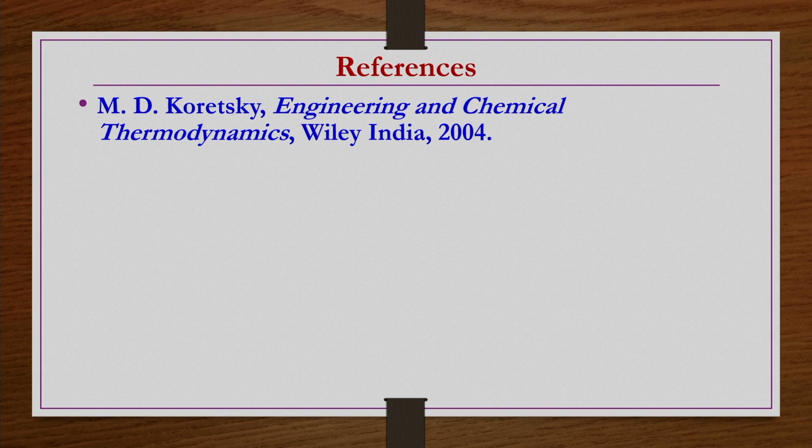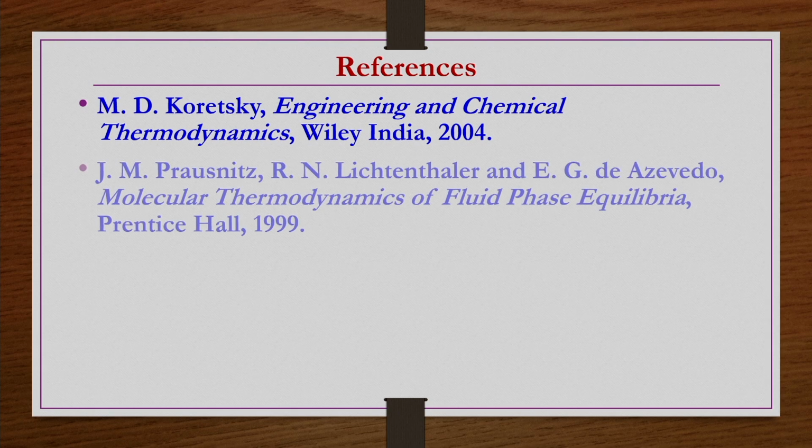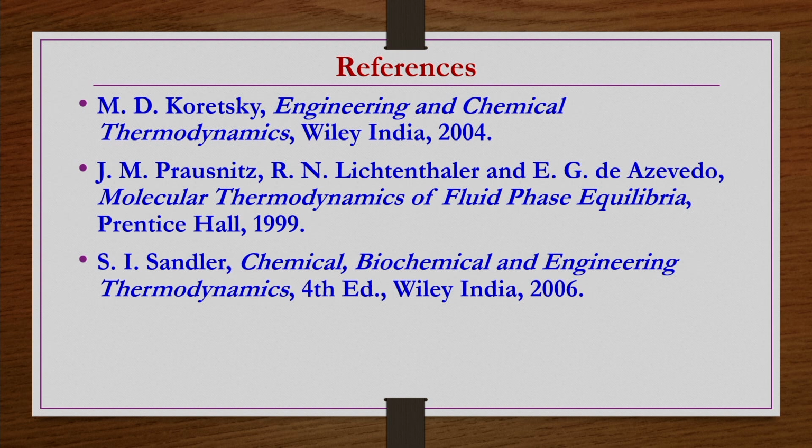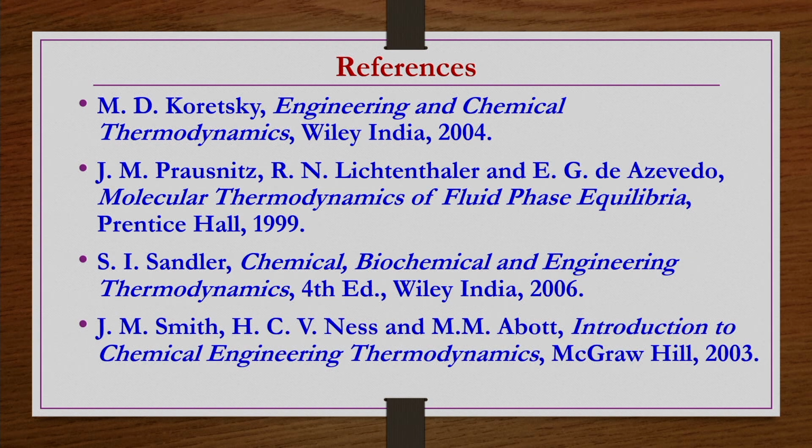Okay. So, the references for this particular lecture are given here: Engineering and Chemical Thermodynamics by Koretsky, Molecular Thermodynamics of Fluid Phase Equilibria by Prausnitz et al., Chemical, Biochemical and Engineering Thermodynamics by Sandler, and Introduction to Chemical Engineering Thermodynamics by Smith et al.